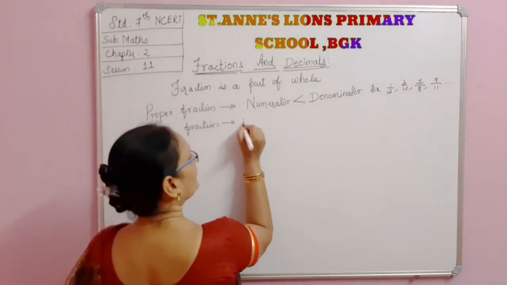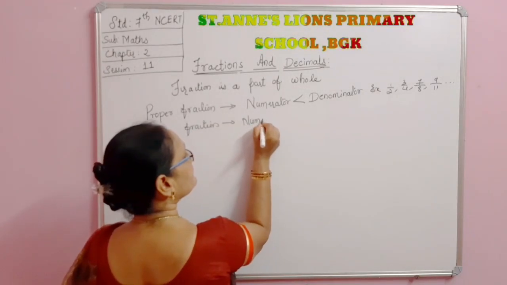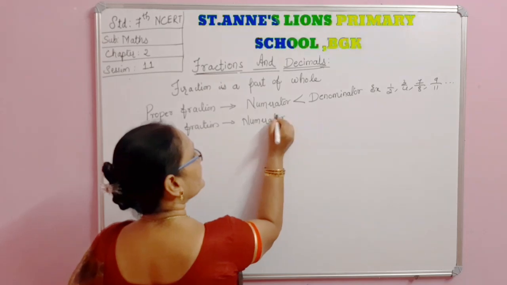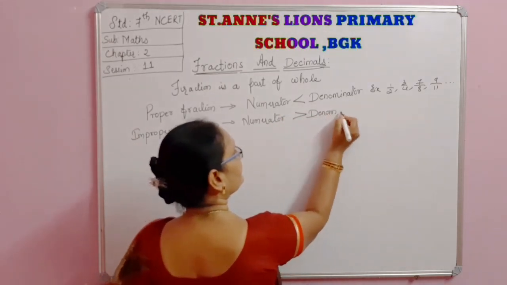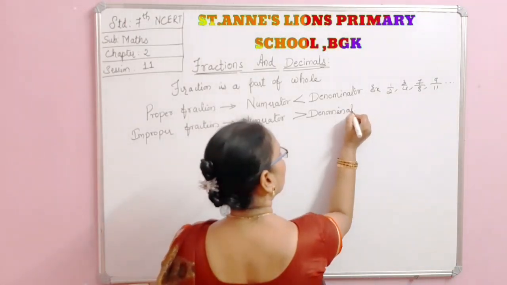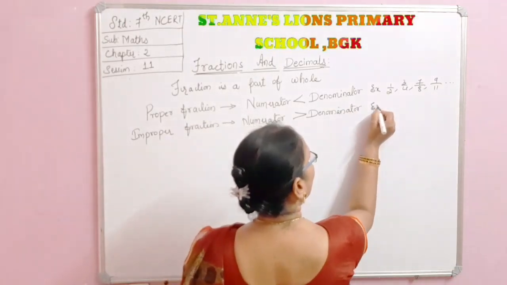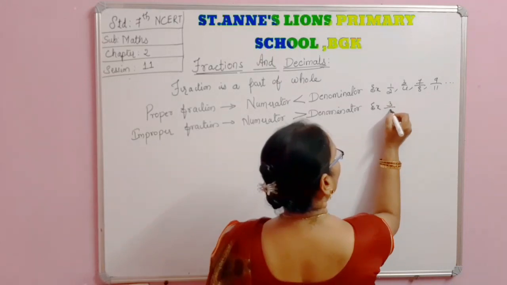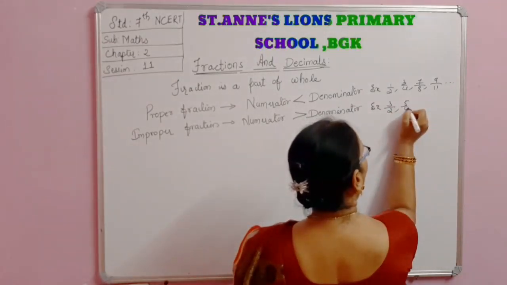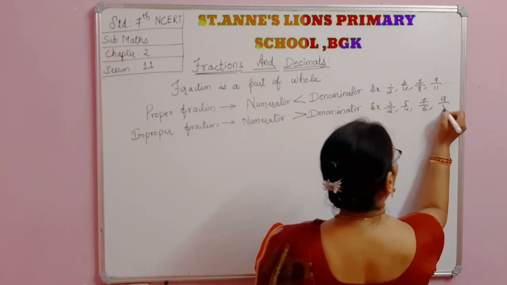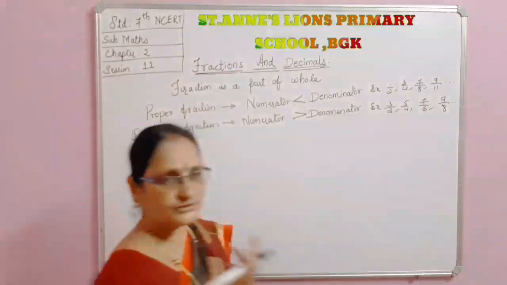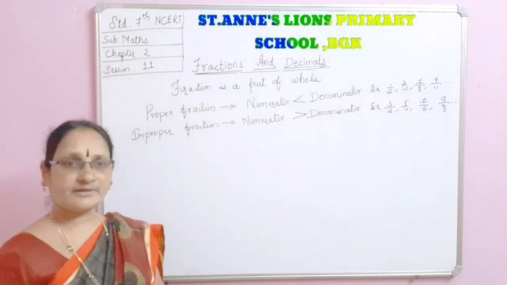That means here numerator is greater than the denominator. Example: 3/2, 5/4, 7/6, 9/8 and so on. Like this, so many can be written.